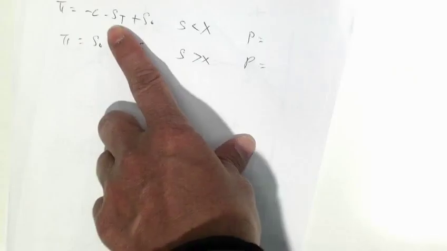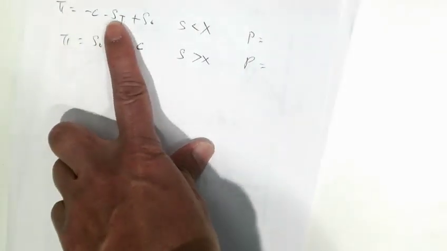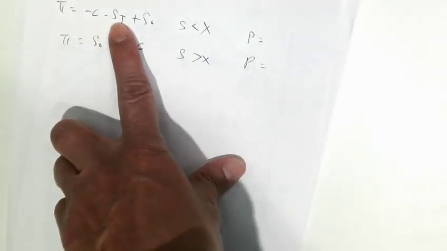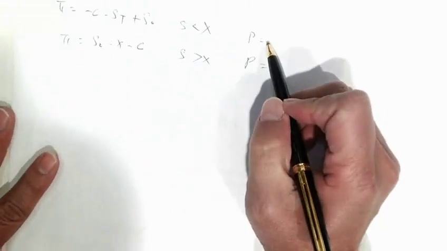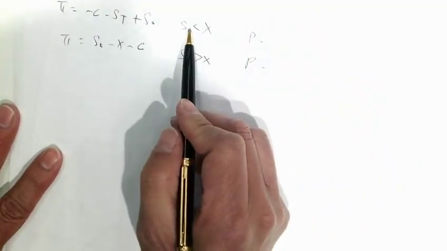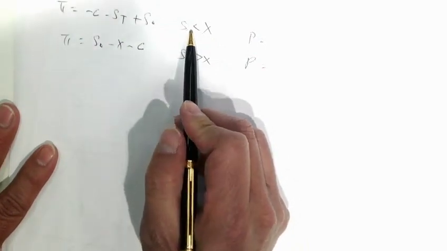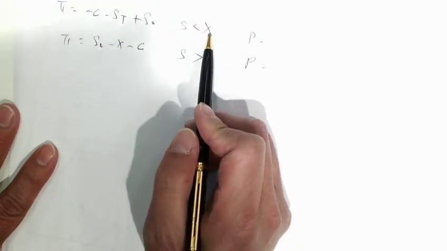Why is it a synthetic put? Well, what is a put? A put is equal to call plus stock, right? Now, if you compare this to the profit formula for a put, is this in or out of the money? For a put, it's in the money.